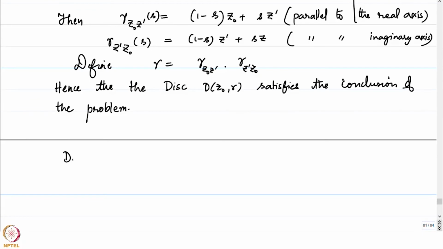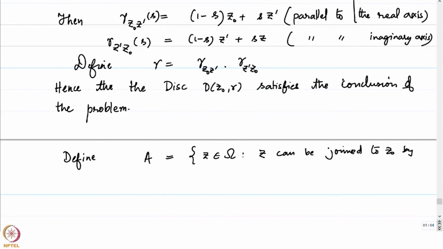So define A to be all those points z in omega such that z can be joined to z naught by a polygonal path parallel to the axis.